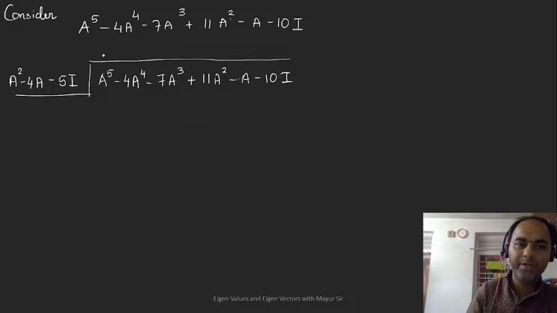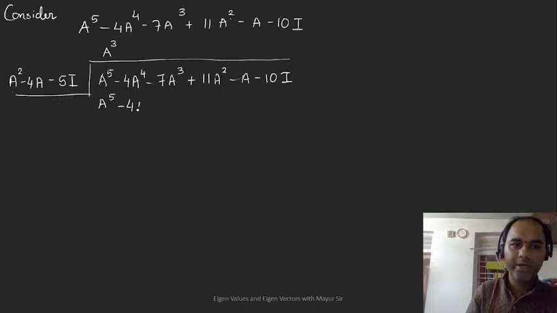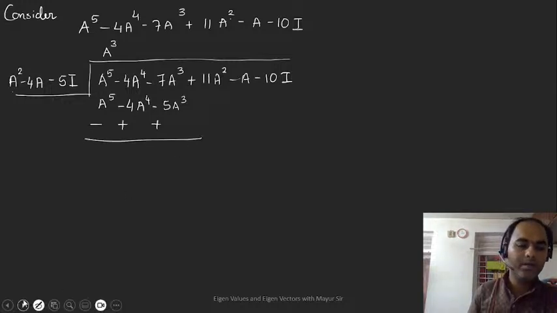When you perform the division you will get A cube; A raised to 5 minus 4A raised to 4 minus 5A cube. This is what you get. Then you change the sign: minus becomes plus, plus becomes minus.